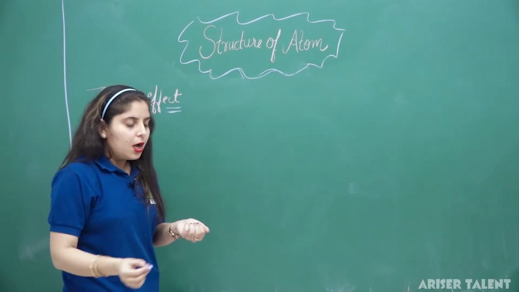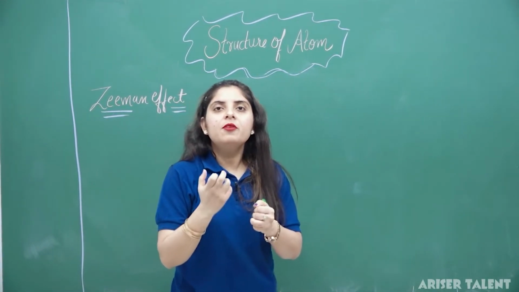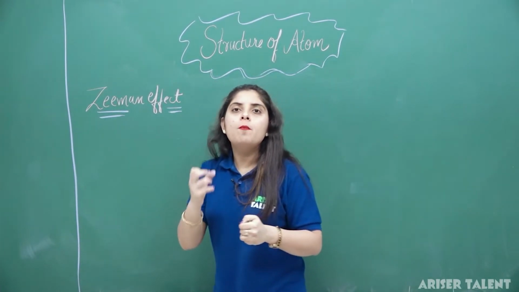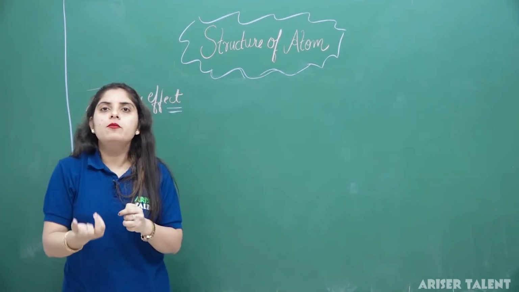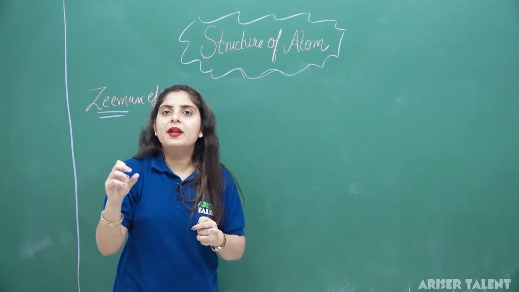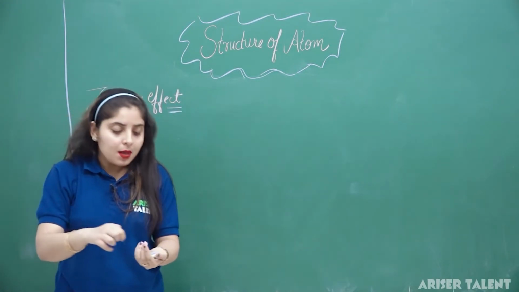Zeeman effect. According to Zeeman, when we want to split the compact orbital, we will get close spectral lines under the influence of a magnetic field.